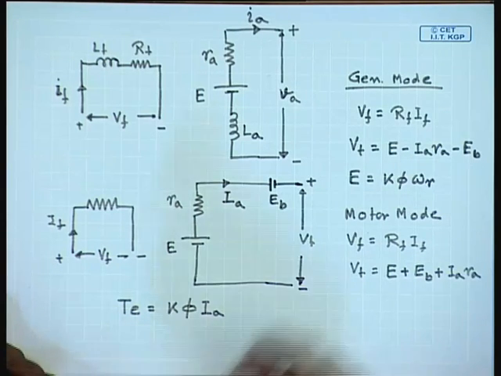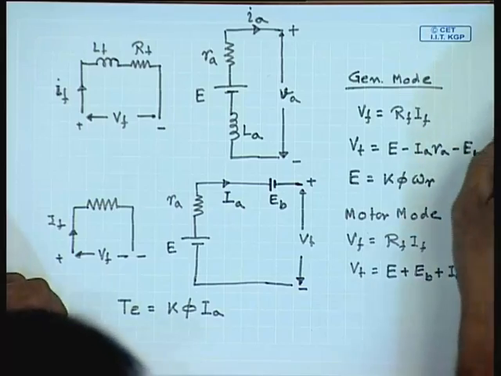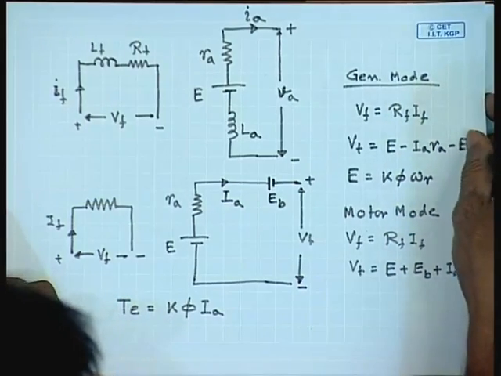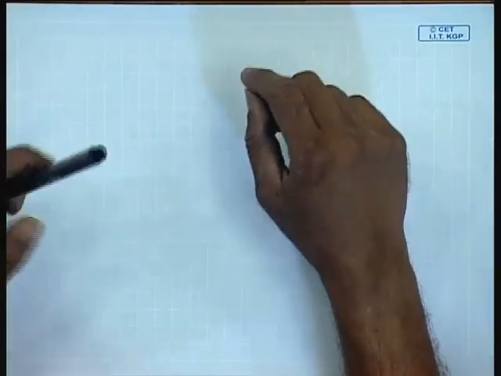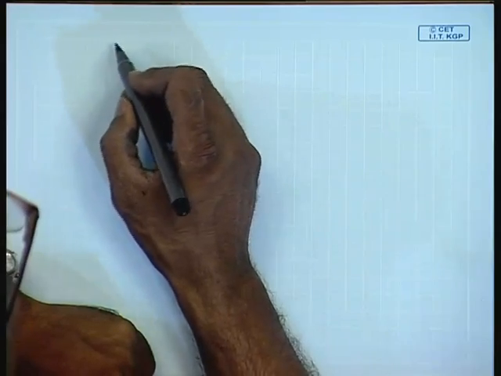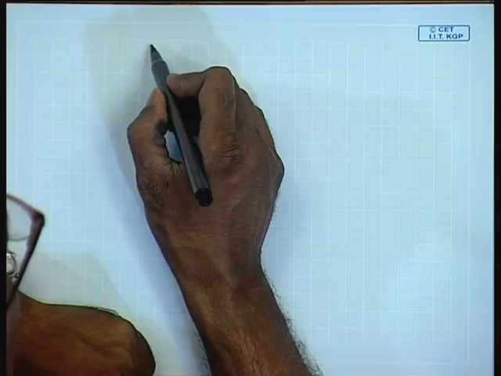Now, we can see that these are simple linear algebraic equations except the relationship between If and phi f. This relationship is not normally linear because of magnetic saturation of the DC machine. The DC machine magnetic circuit can be drawn in a simplified way as given below.